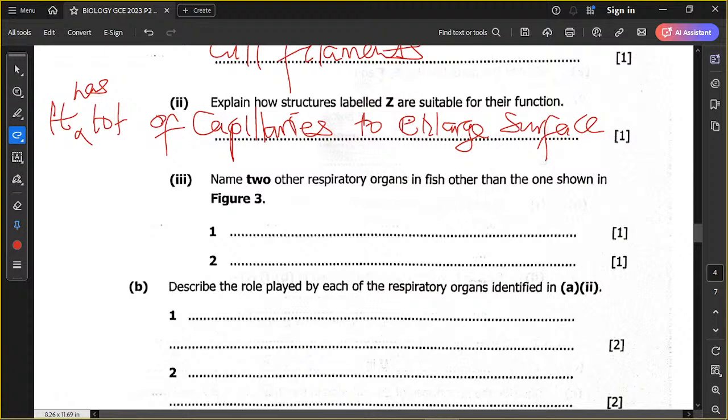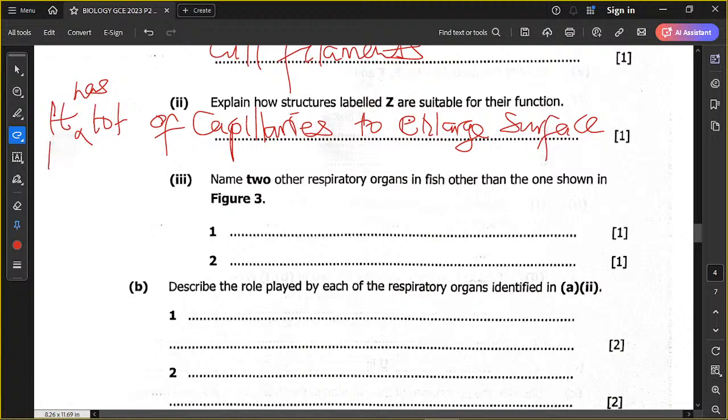Okay, to increase the surface area. At the other point, there is 1 mark we can give. The other point that can be given is that it has a large surface area. Okay, it has a thin epithelium.